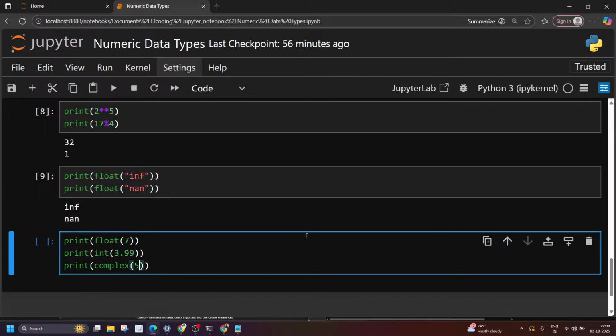So think and answer, what output will this give? Okay, so now we'll see its output.